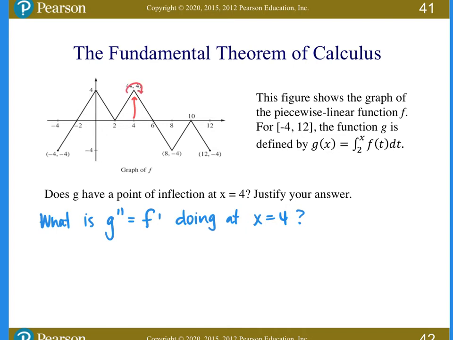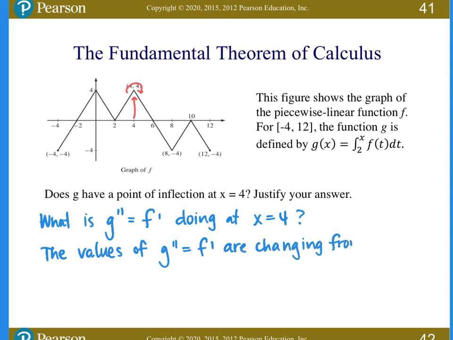Well, the slope is changing from positive to negative. So the values of G double prime, which is equal to F single prime, are changing from positive to negative. So x is 4 is a point of inflection. So always go back to asking yourself the question, what do I need to show in order for it to be a max or a min or a point of inflection or increasing or decreasing?